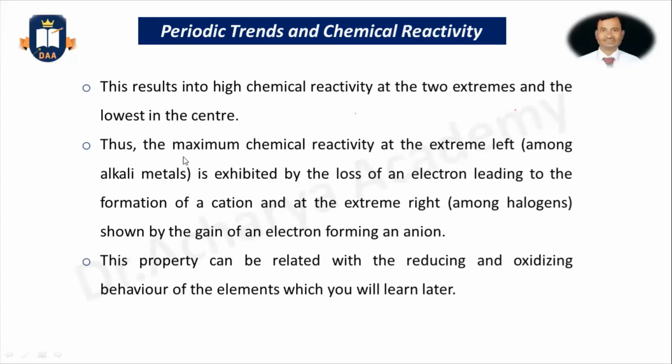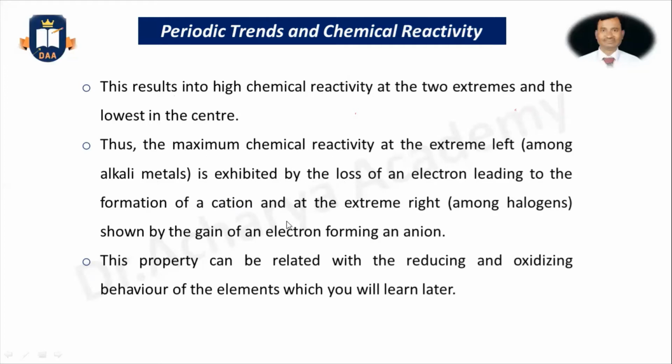This maximum chemical reactivity of group 1 elements is exhibited by the loss of an electron, leading to the formation of a cation, because it has only a single electron in the outer shell, so it is ready to lose that electron to get the previous noble gas electronic configuration. And that is why it has the maximum chemical reactivity.